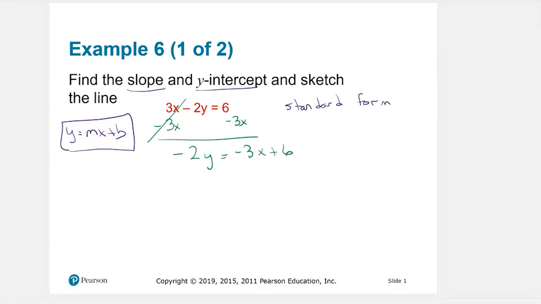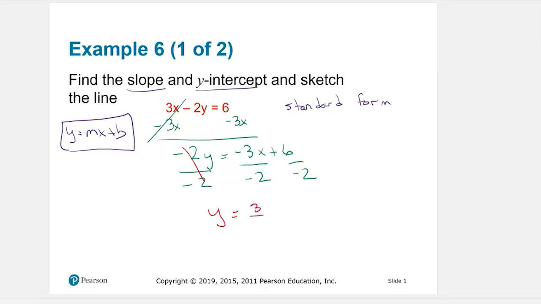And now I'm going to divide everything by negative 2. And then these cancel, and I get y equals, well, I have a negative 3 divided by a negative 2, and a negative divided by a negative is a positive.